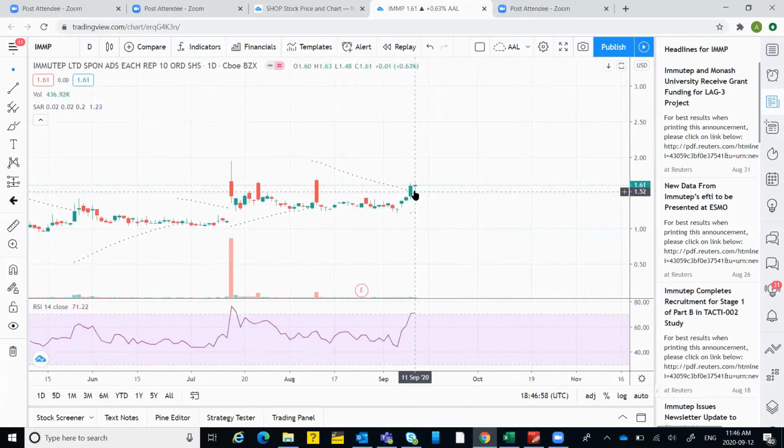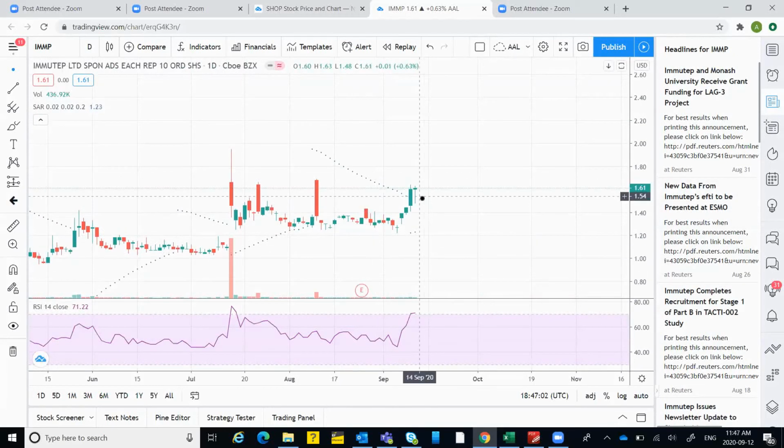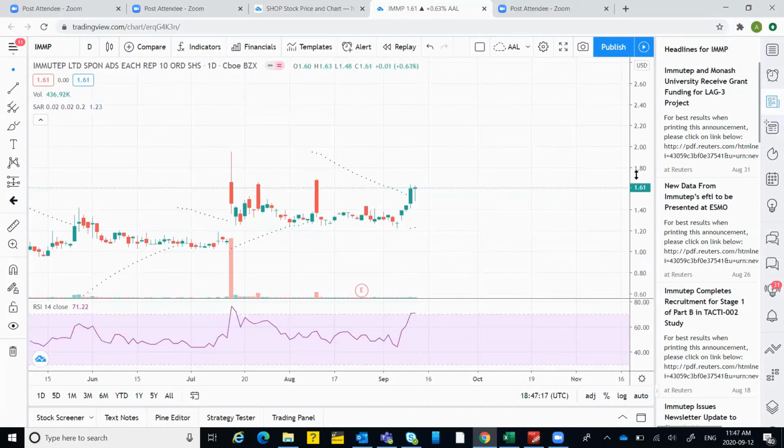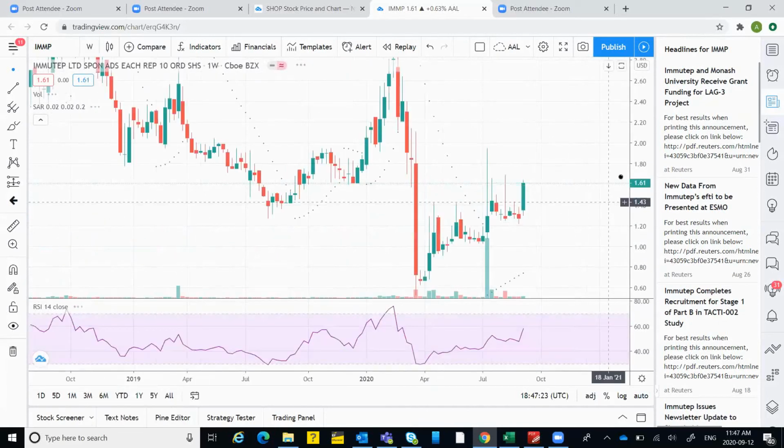If you look at the candlestick pattern, it is a downside price rejection. Downside price rejection means there is still some space here and this stock can go up, and it is already in an uptrend. Parabolic SAR has generated a buy signal, and I can see the positive vibe here. It can go up on a daily chart pattern. Let's look at the weekly.